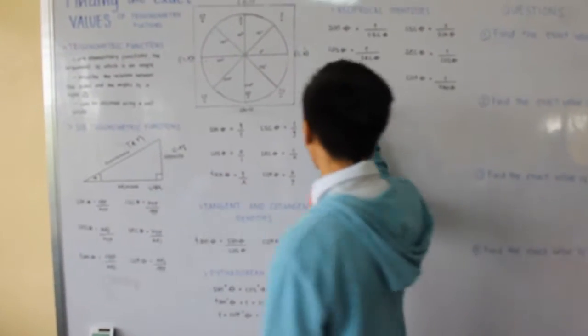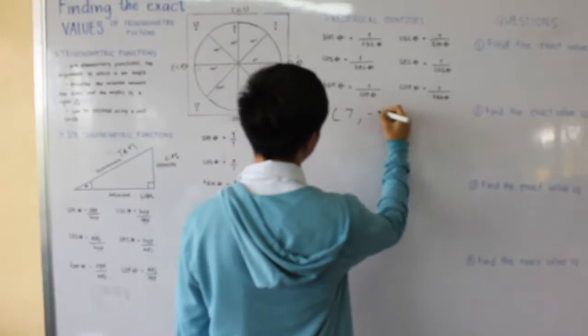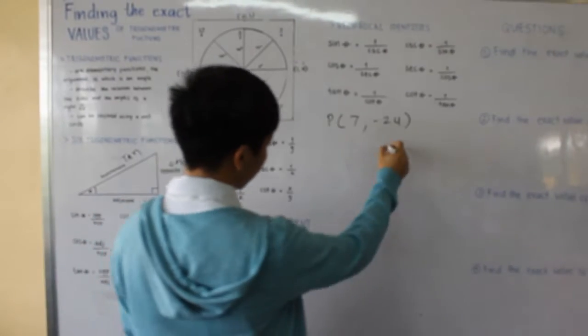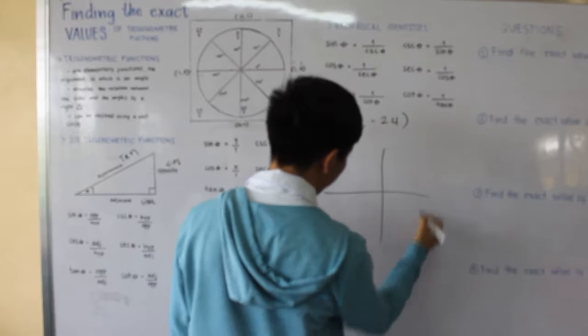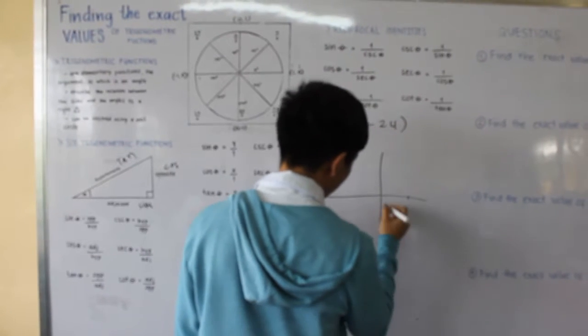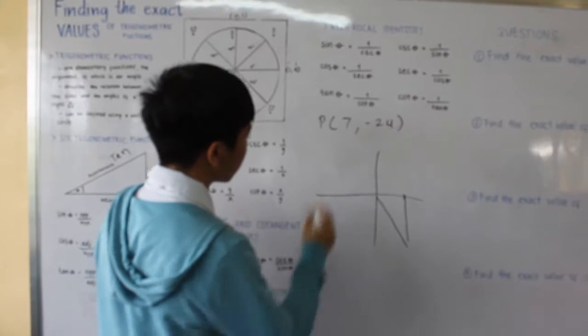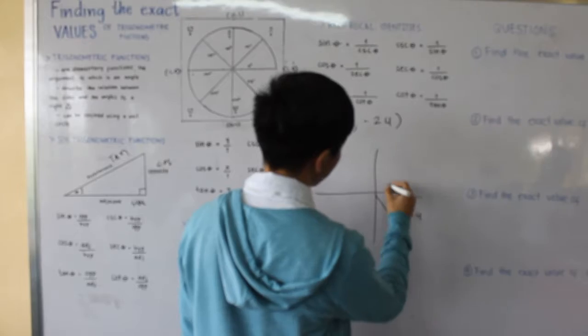How about a point in a Cartesian plane, like 7 and negative 24. So this would be in the 4th quadrant, and plotting 24 here and 7. So using the Pythagorean theorem, we can put this as 24, 7.